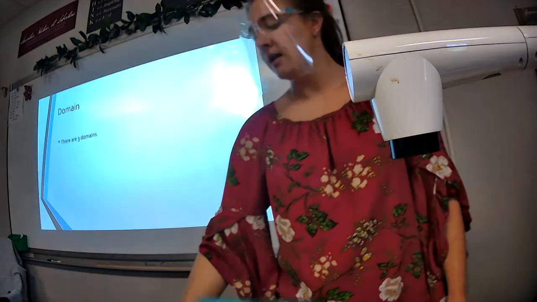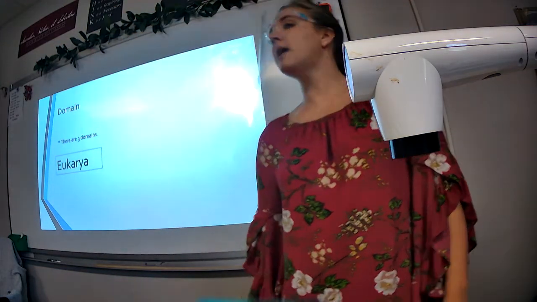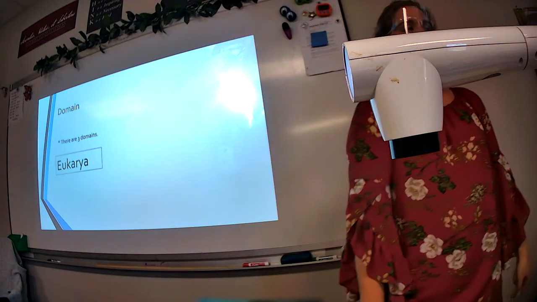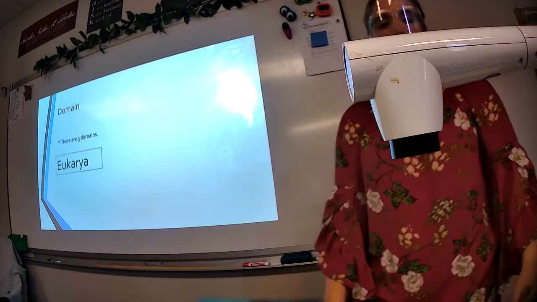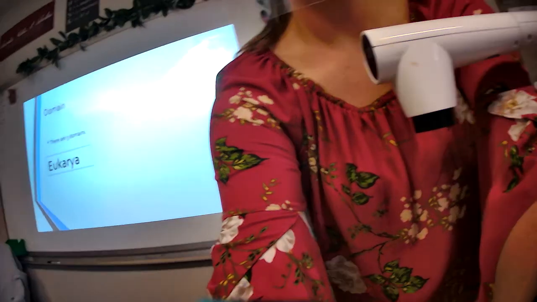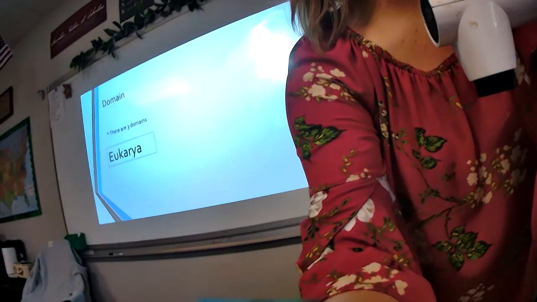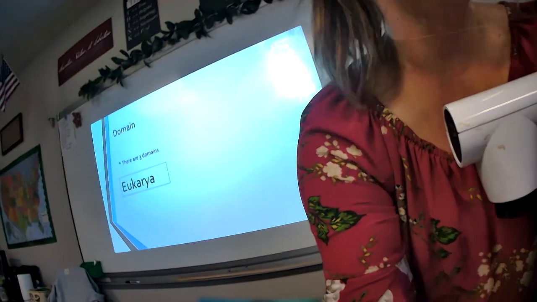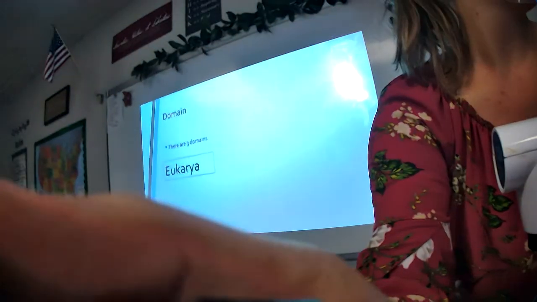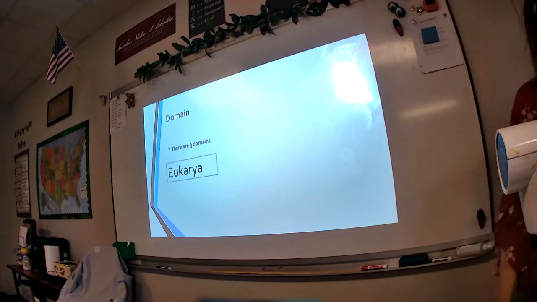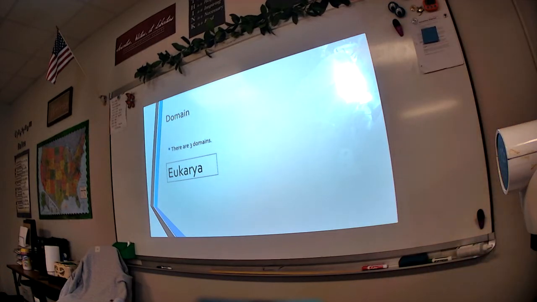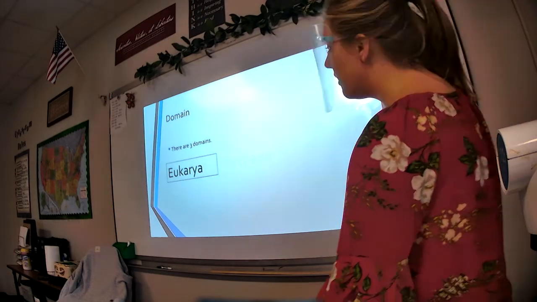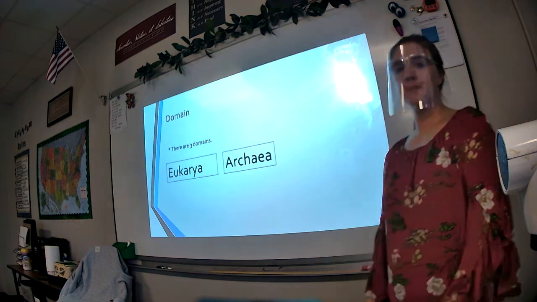Okay? First one, eukarya. Let me see if I can adjust this a little bit. I can't really see. Eukarya. There we go. Okay? Second one, the middle column, archaea.